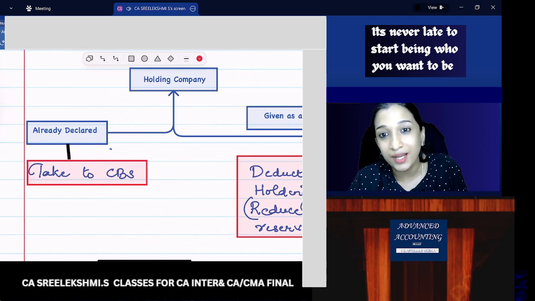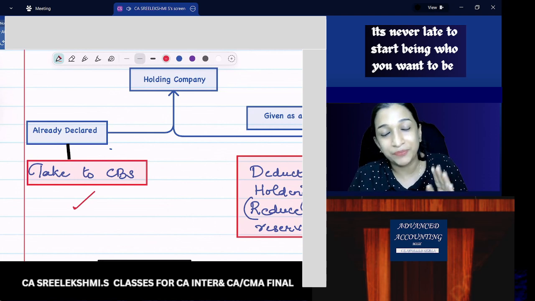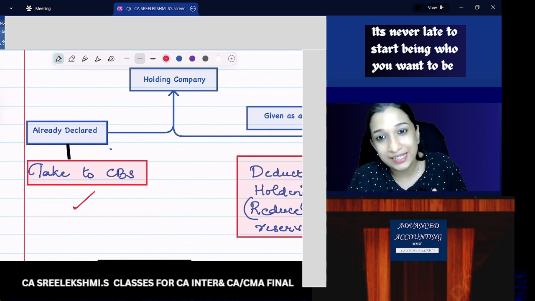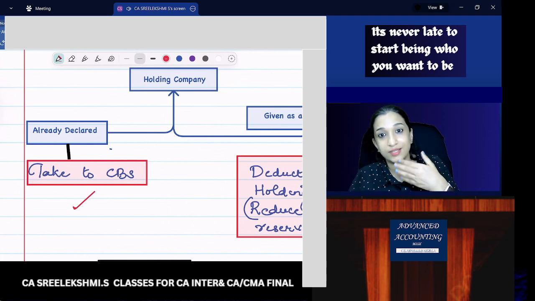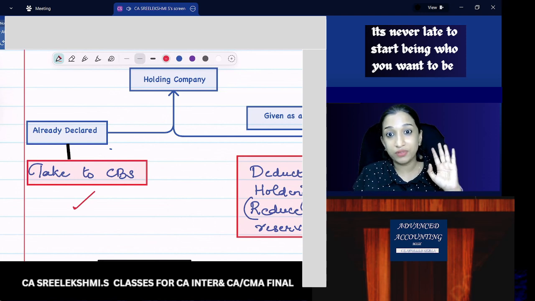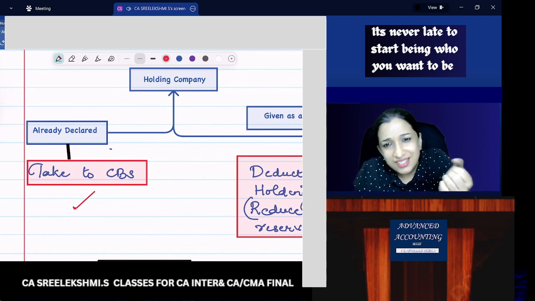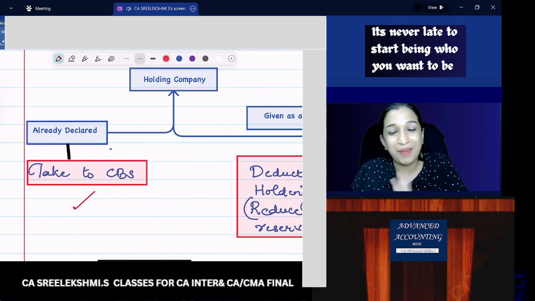So what is to be done? Nothing. Just take it to the consolidated balance sheet, because there is no mutual owing concept there. The holding company's dividend is payable to outside shareholders. Just take it to the consolidated balance sheet.